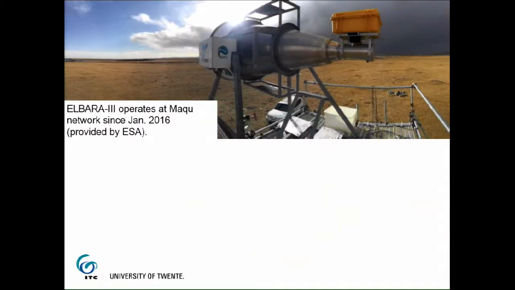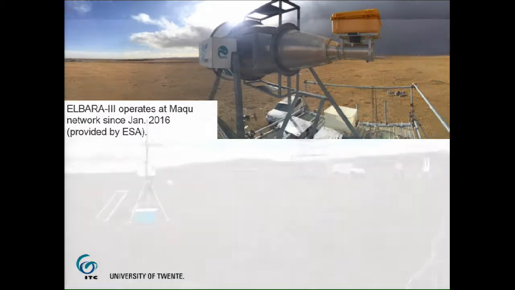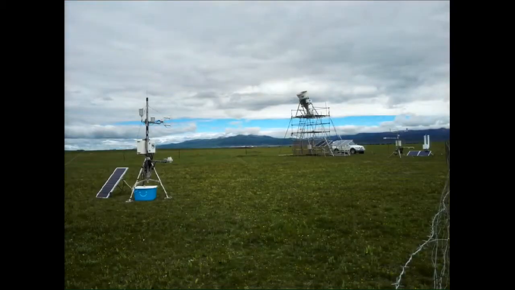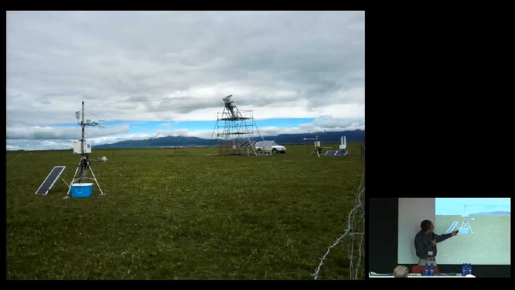Recently, beginning of last year, we have added a so-called radiometer, ELBARA, which is on a 3-meter tower, and measures L-band brightness temperature in situ. The instrument is owned by the European Space Agency, but we are allowed to use it till its lifetime. And the site we have in the eastern part, in the Maqu site, we have a micrometeorological station measuring all the fluxes and meteorology.